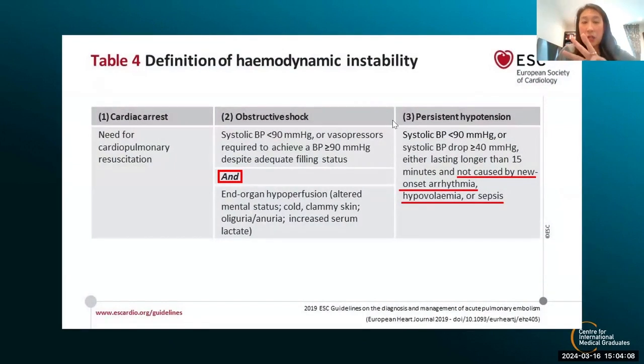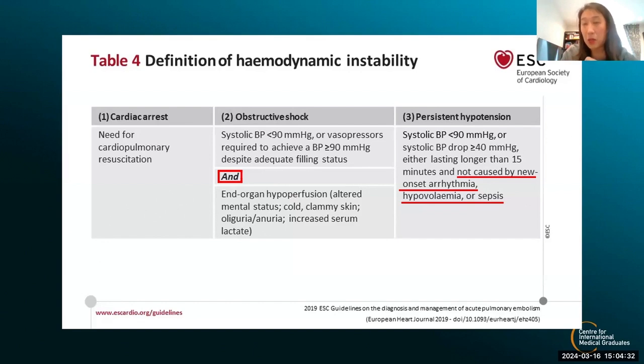So there are three things that could form the definition of hemodynamic instability. If they have a cardiac arrest, obviously that's hemodynamic instability, the most obvious. But they could also present with obstructive shock, where the systolic blood pressure is less than 90, or you need vasopressors to achieve a blood pressure of greater than 90 despite adequate filling status.